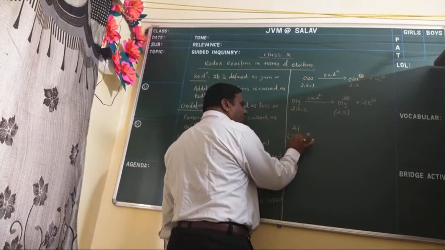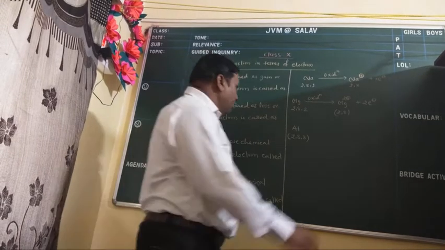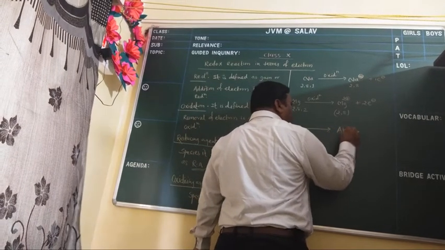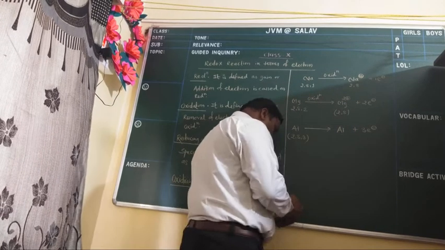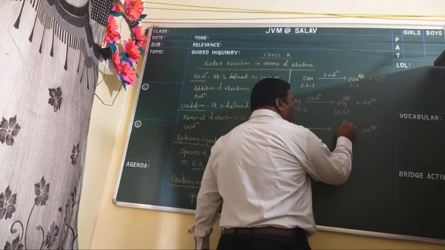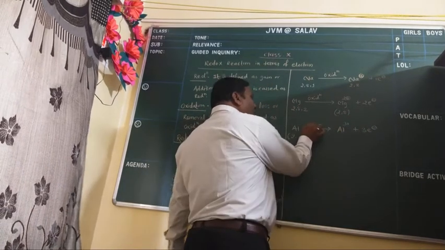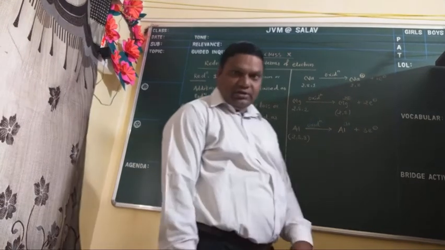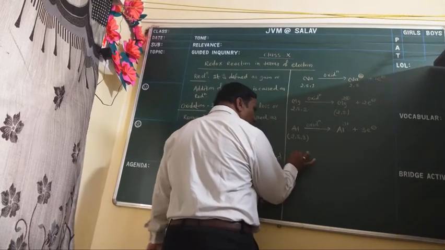Atomic number 13, electronic configuration 2, 8, 3. For completion of octet, aluminium loses how many electrons? 3. So it carries plus 3 charge. So when it loses electrons, it's called oxidation. Any doubt?